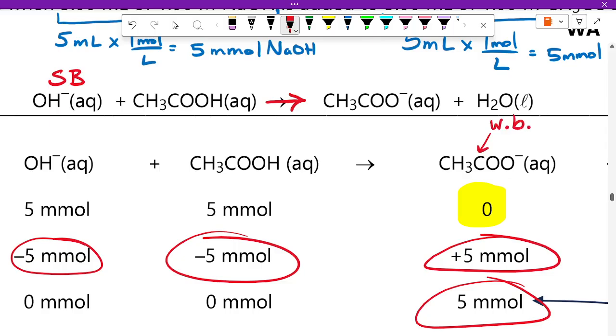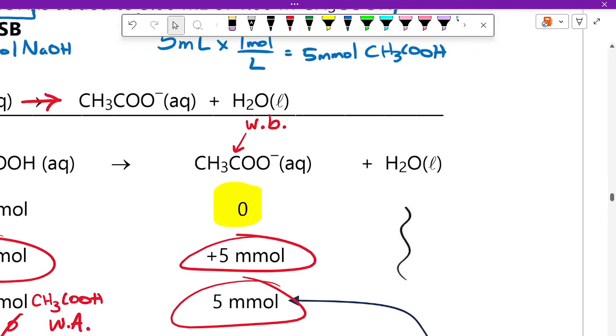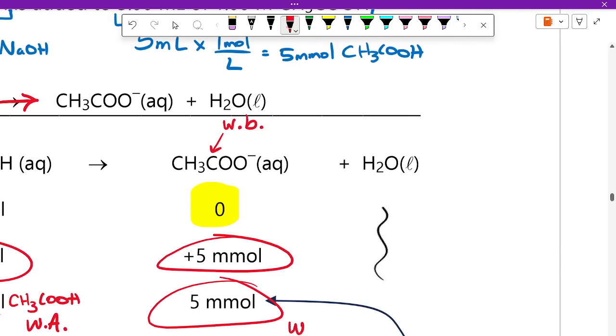So you have 0 hydroxide, so that's 0 strong base. You have 0 CH3COOH, so that's 0 weak acid. What do you have this 5 millimoles of? Weak base. So what is the pH going to be like? It's going to be greater than 7. Okay?